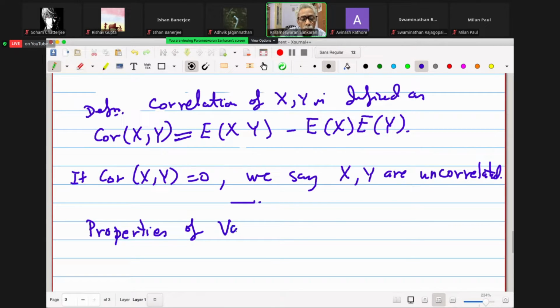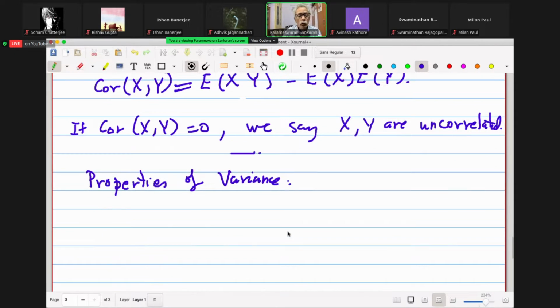What is the variance of a times X, for a constant a and X a discrete random variable? At the moment, we have defined only everything discrete. So this is equal to a squared times the variance of X.